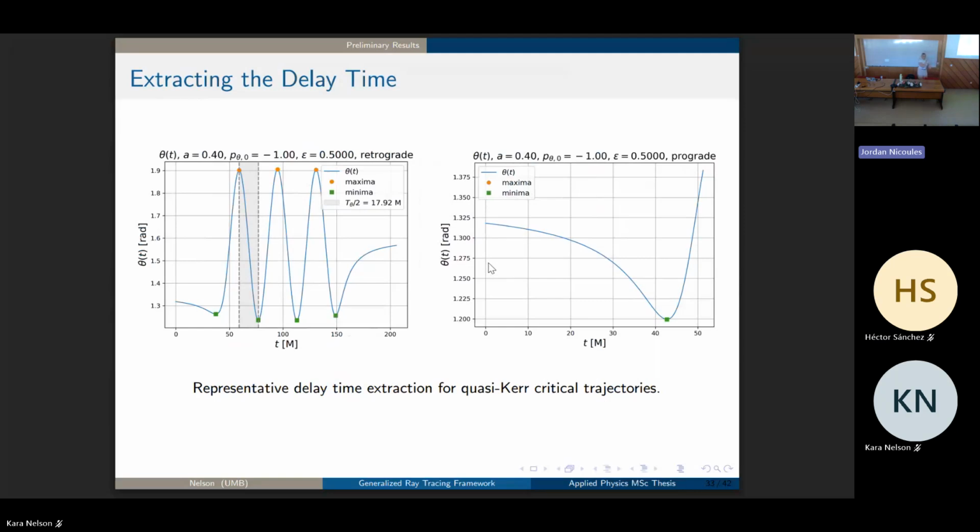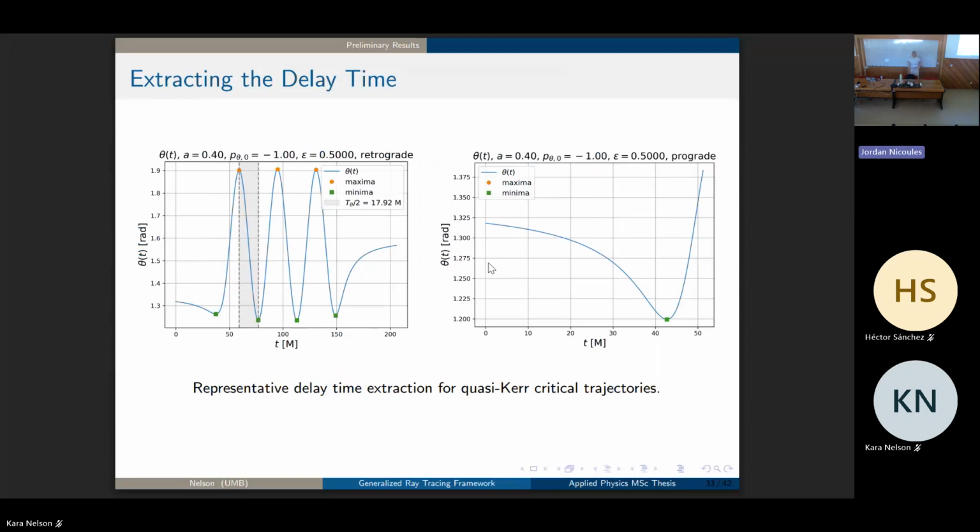So it has to have a matching minima and a matching maxima. If they don't have that, then there's really no delay time, right? That's the definition of delay time. So it could just be that that specific trajectory doesn't have a higher order image, but again, something that we're looking into.